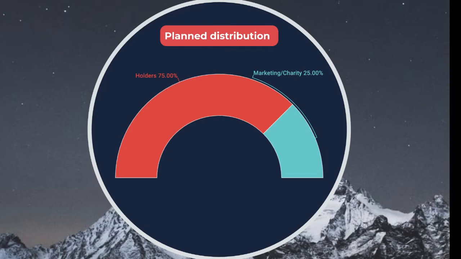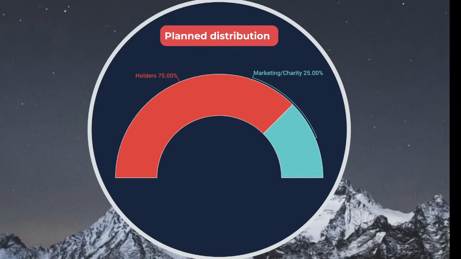The charity part is just a sustainable way which we can provide to donate to charity without taking active money out of the project. Because as we saw before, with the way taxes work, we would either collect a charity tax in the form of our token and would be forced to sell our token to be able to donate to charity, or the contract itself would need to sell our token over time, just to have, for example, BNB or BUSD or something else ready, which we can then use to donate.